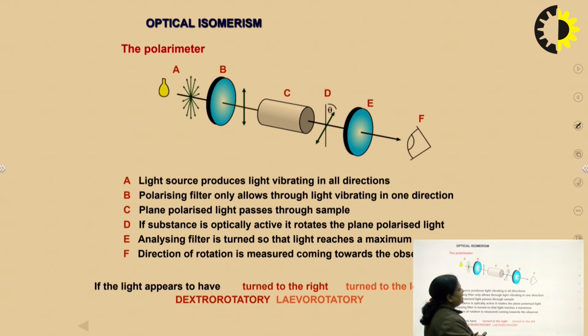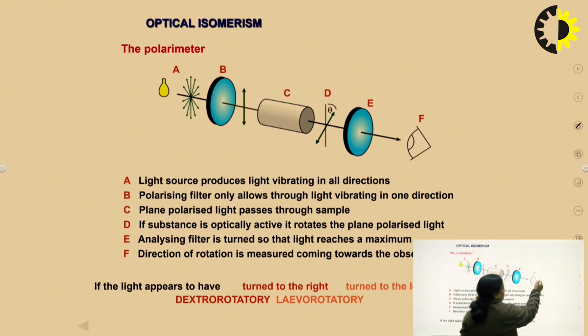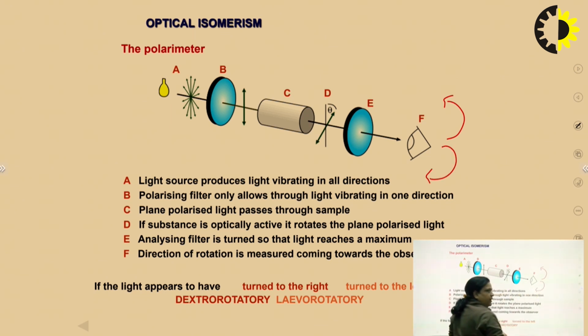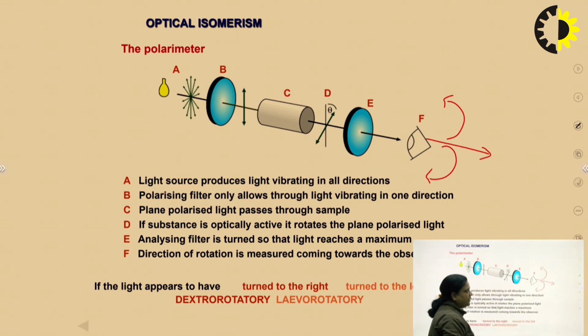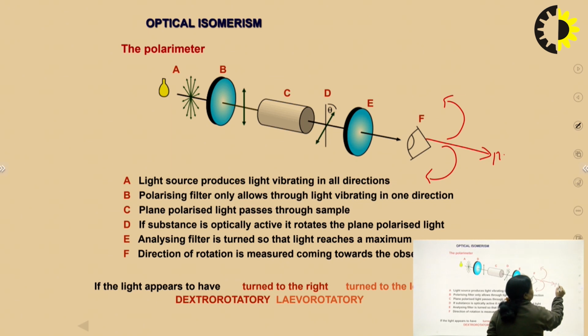If it rotates the plane polarized light in the right direction, this compound will be called dextrorotatory. And if in the left direction, it will be called levorotatory. And if it is not able to rotate the plane polarized light, this compound will be called meso or racemic.